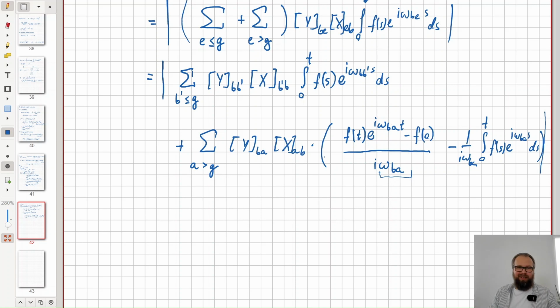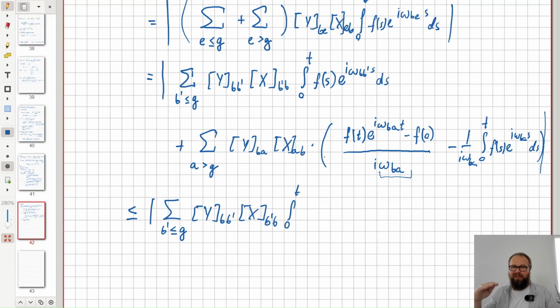So this whole thing is less than or equal to the effector doing its thing below the gap, in the subspace below the gap. Stuff oscillates, stuff Fourier transforms here.